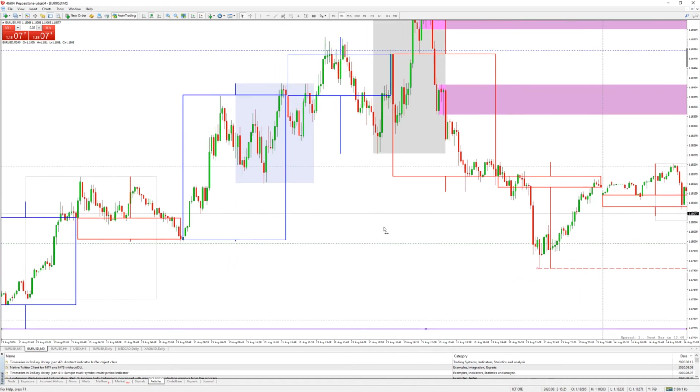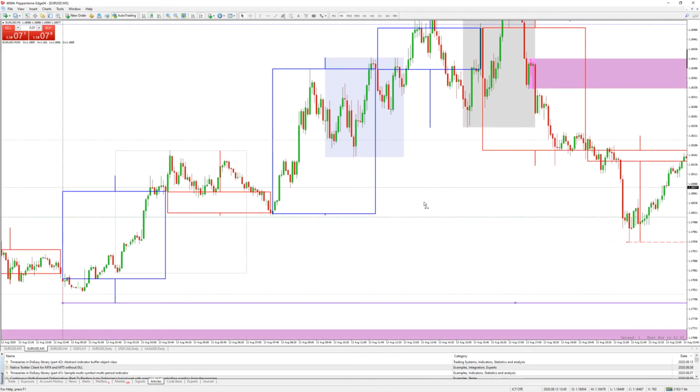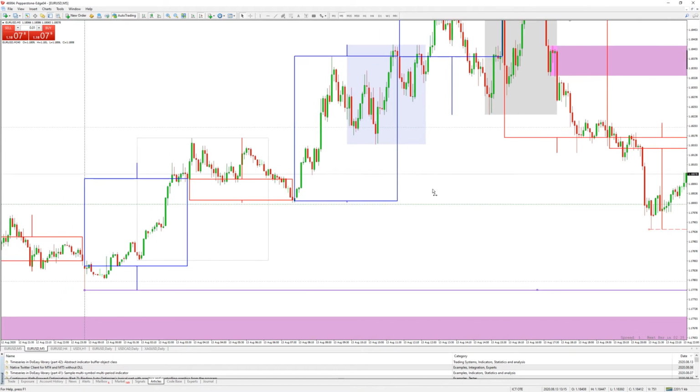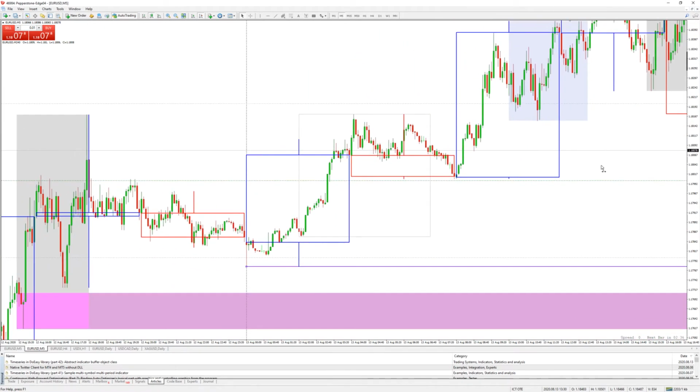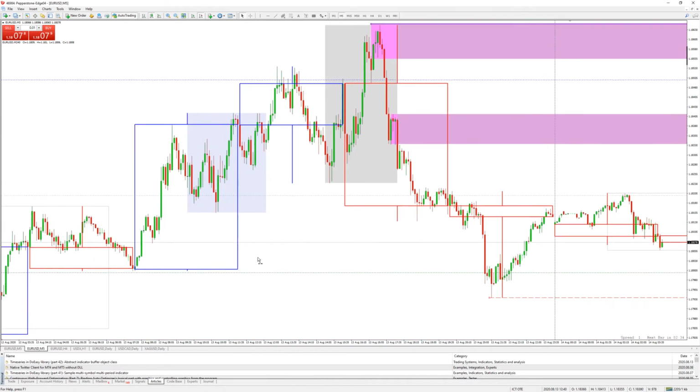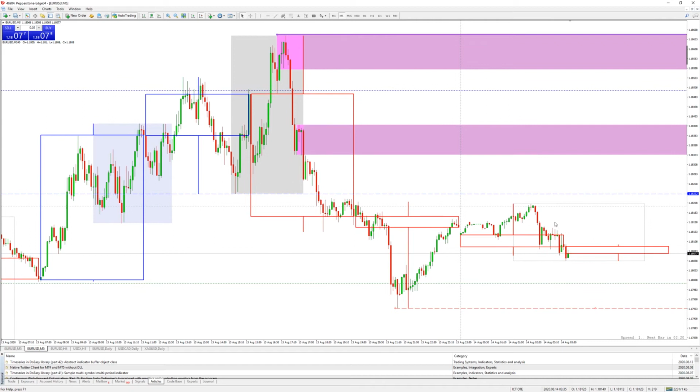For the 4 hours, before the trading session begins, you take a look at the last few candles whether you have the same pattern or not. Of course, these are not guarantees. So you had one here, it cut through this one, so it may be valid for today's trade.